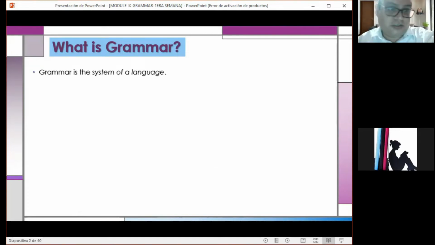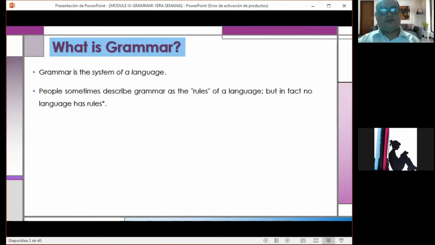So I told you, grammar is the system of a language. People sometimes describe grammar as the rules of a language, but in fact, no language has rules, right? So we could say the grammar is related to the rules of the language. This is a general term referring to grammar.